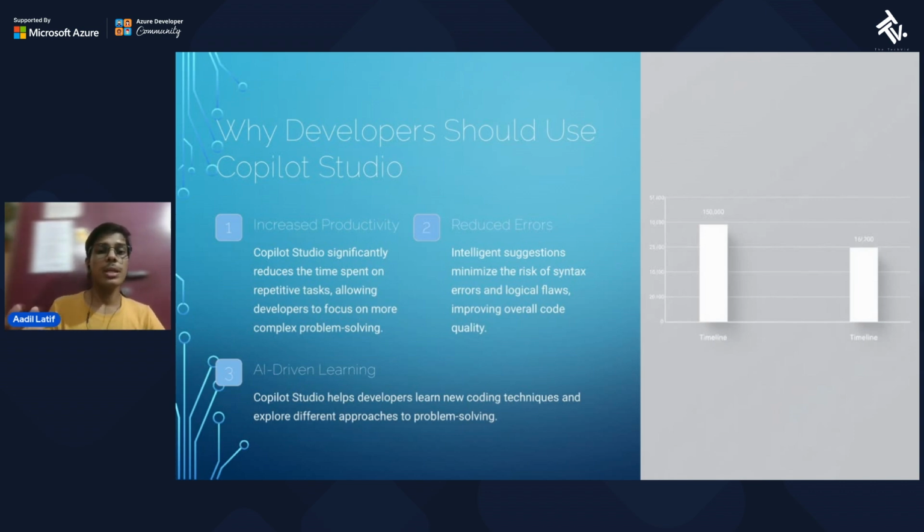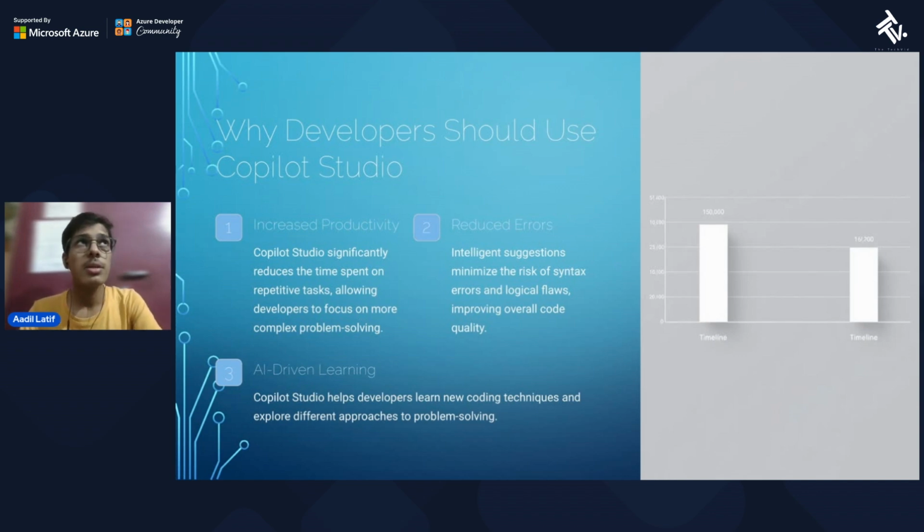Firstly, it increases productivity. It makes code completion faster. Copilot Studio provides real-time suggestions, as I have mentioned earlier, which allows developers to complete code faster. This reduces the time spent on routine tasks, enabling us to focus on more complex problems and higher-value projects.